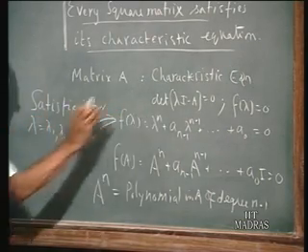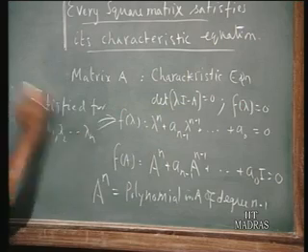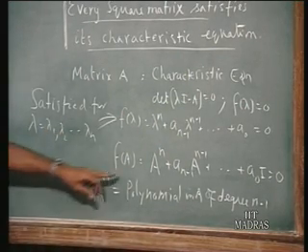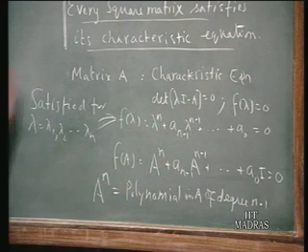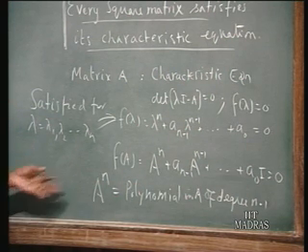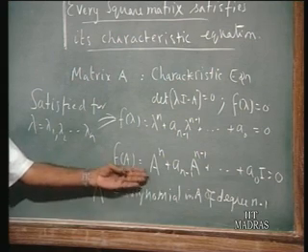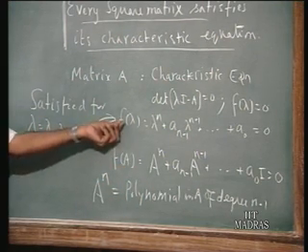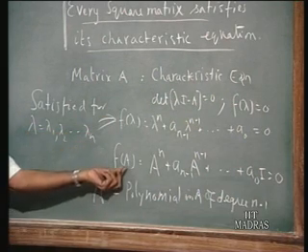This is not an identity, this is satisfied for particular values of lambda, the characteristic values or the eigenvalues. On the other hand, F(A) equals 0 is satisfied identically. Once you plug in the matrix A into this, it will be 0. So whatever a characteristic value satisfies in this equation, this matrix A satisfies here.